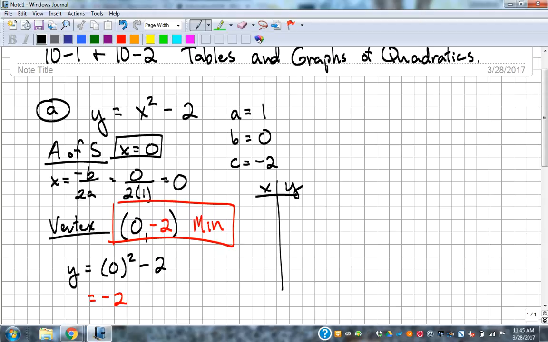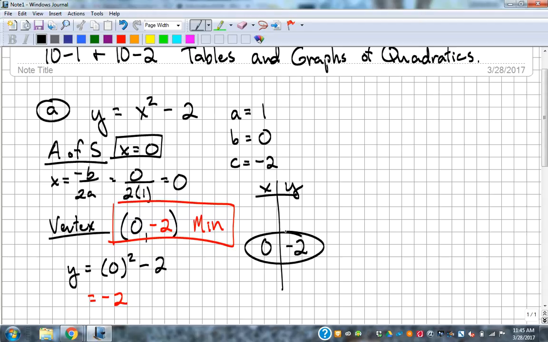It was like when you folded a piece of paper in half so you get it to line up. We want to make a table that will do the same thing. So we're going to take this vertex that we found here, and put it in the middle of the table. So leave yourself a couple of lines there, and I'm going to put 0, -2 right there. That's my vertex. I'm going to circle it, because that's an important point.